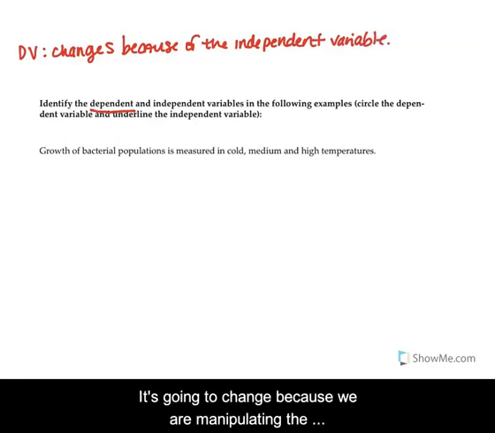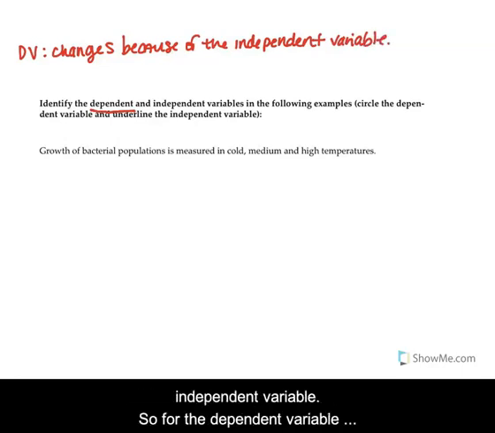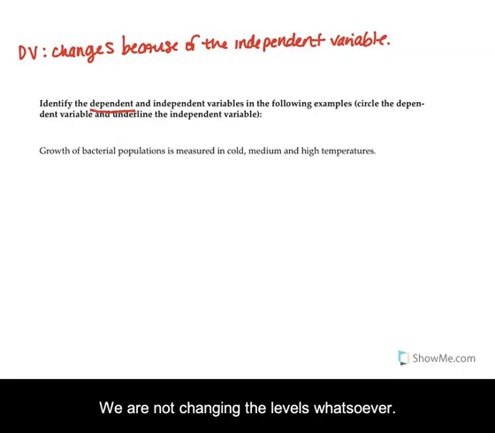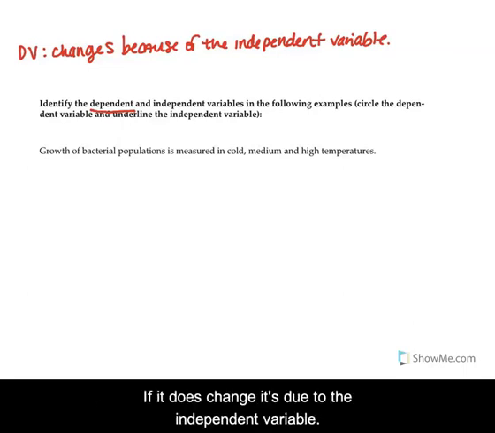It's going to change because we are manipulating the independent variable. So for the dependent variable, we don't manipulate that. We don't touch it. We add it to our experiment, but we're not manipulating that variable. We're not changing the levels whatsoever. If it does change, it's due to the independent variable.